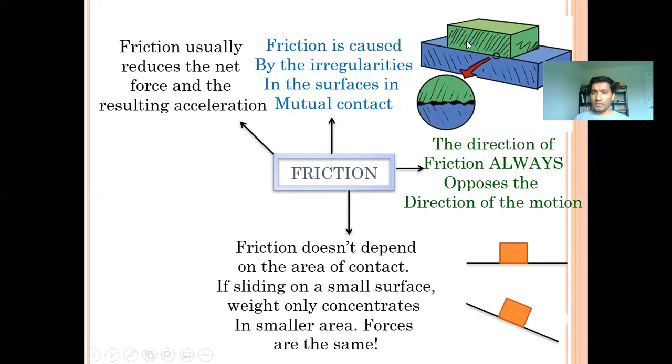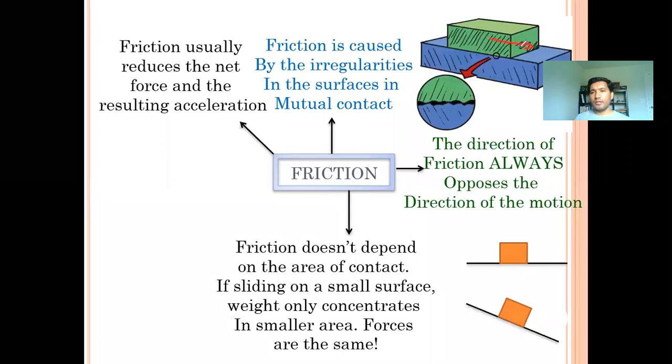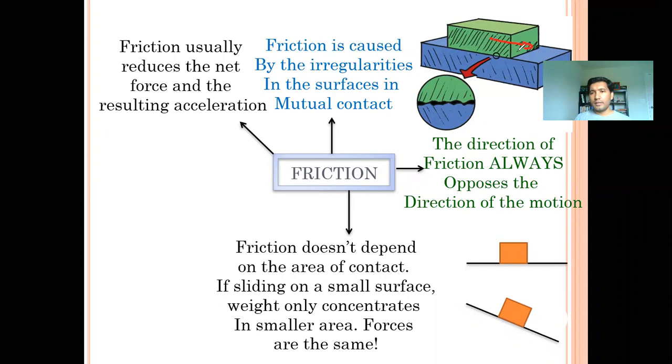If this object is going this direction, it will come back. The friction will be in the opposite direction, this direction. Okay. Suppose this is the direction of motion of an object, and then friction will be just opposite, right? Remember this thing. This is very, very important to remember.